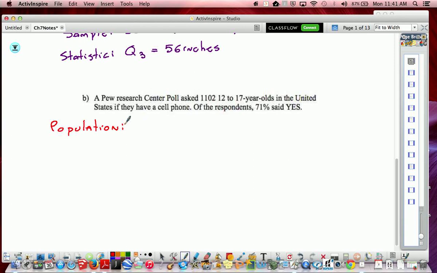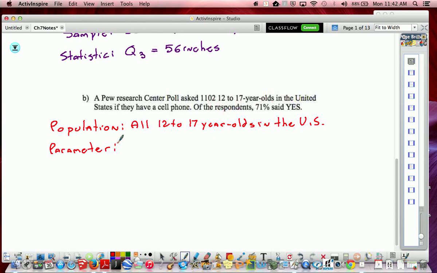What represents our entire population here? It would be all 12 to 17-year-olds in the United States. So now we want to talk about a parameter. What are they trying to actually find?